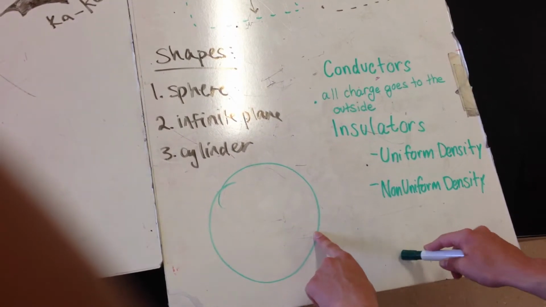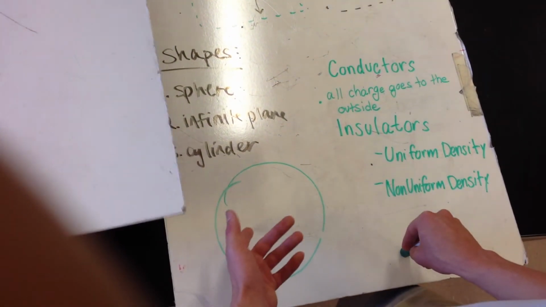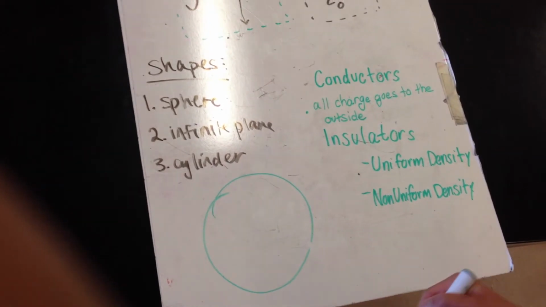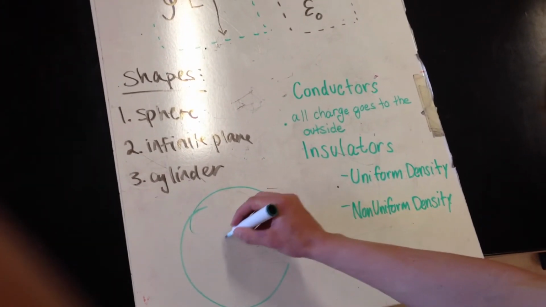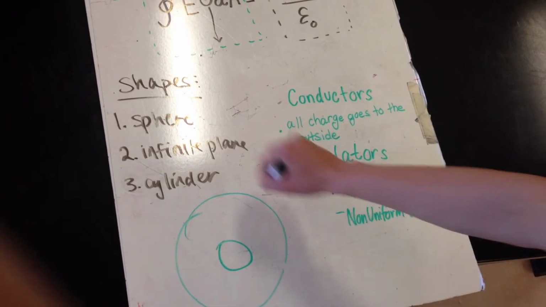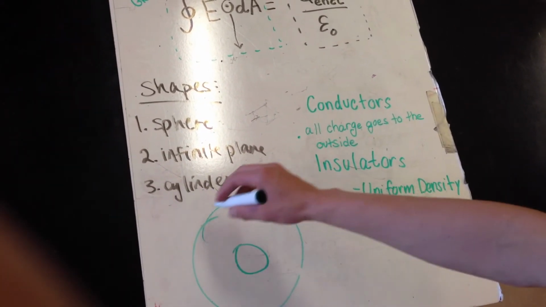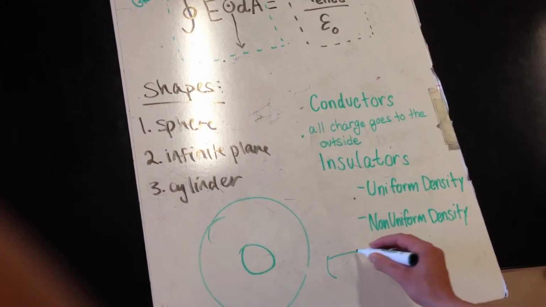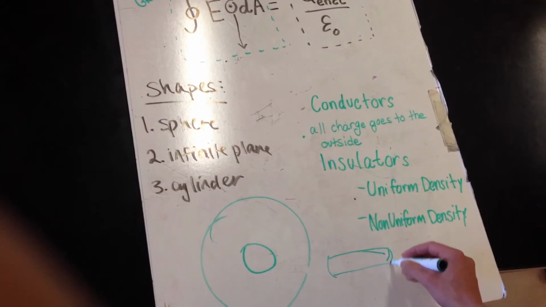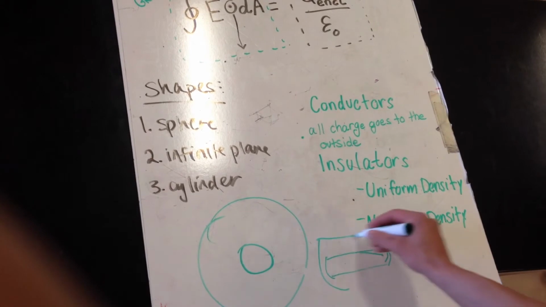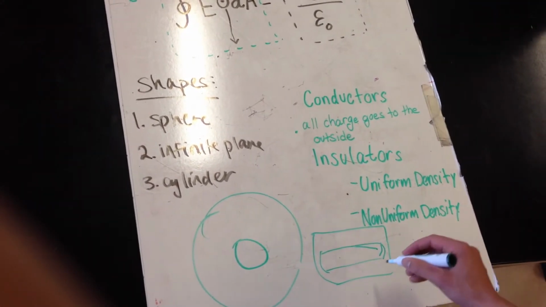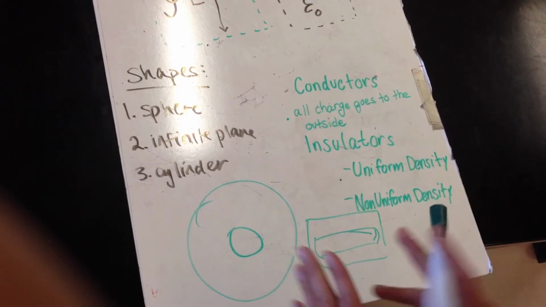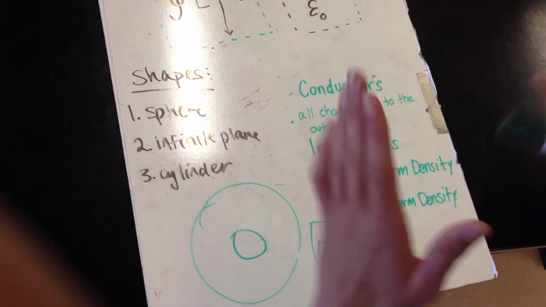The shape of Gaussian surface you use depends on the problem. If you've just got a point or a sphere, you want a spherical Gaussian surface. If you've got a cylinder, you want a cylindrical Gaussian surface as well. And if you've got an infinite plane, you want to use a square or a cube.